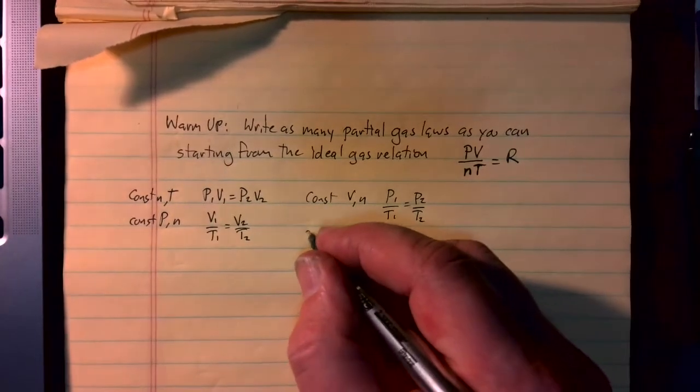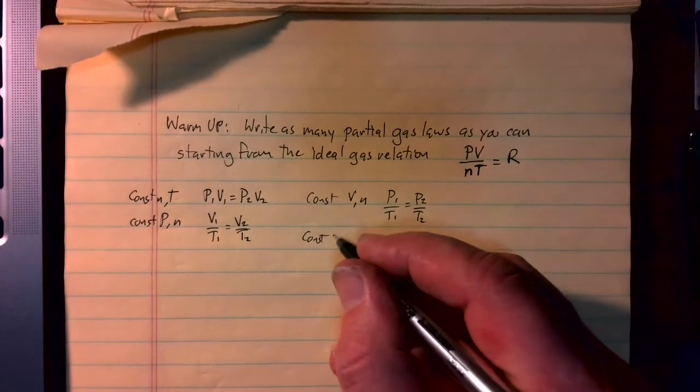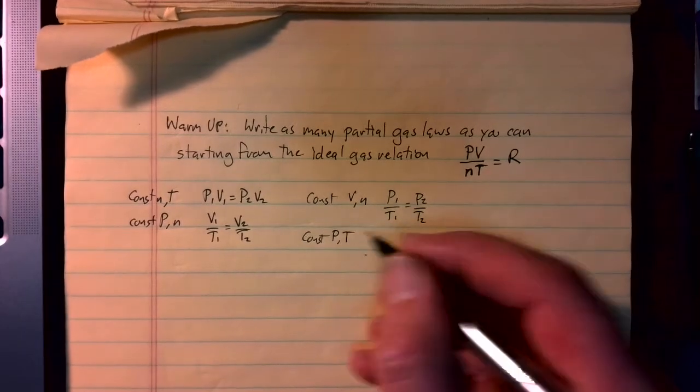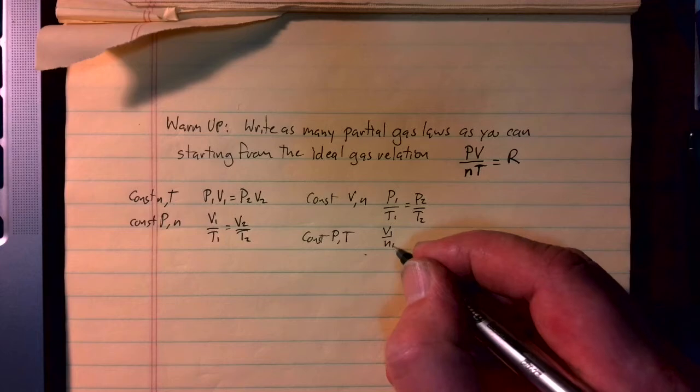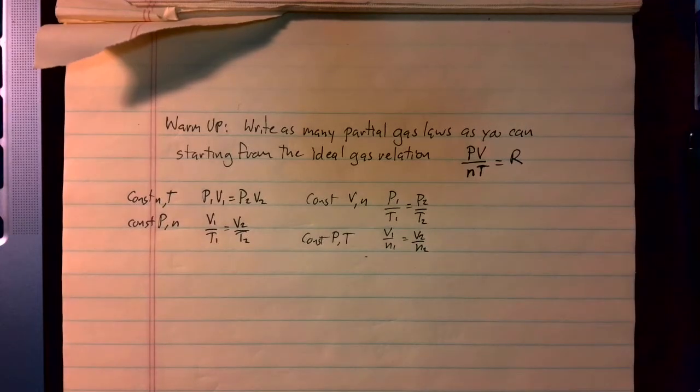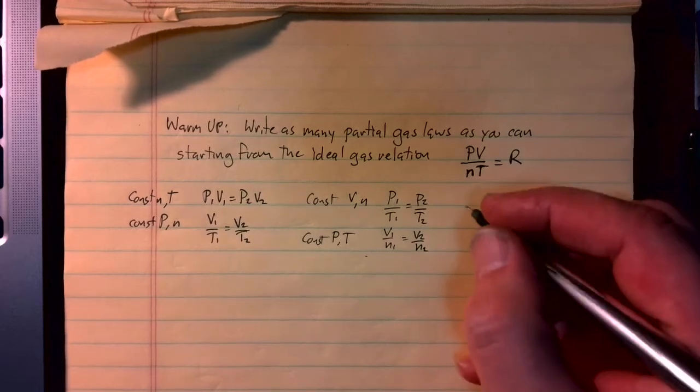You could have constant P and T. You could have V1 over n1 equals V2 over n2. That would be Avogadro's principle, which is important in stoichiometry.